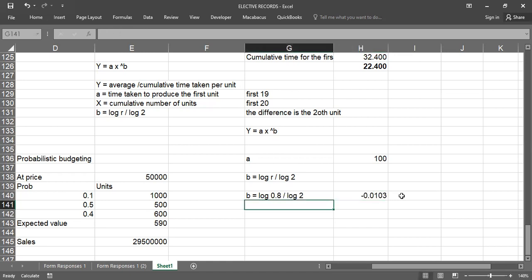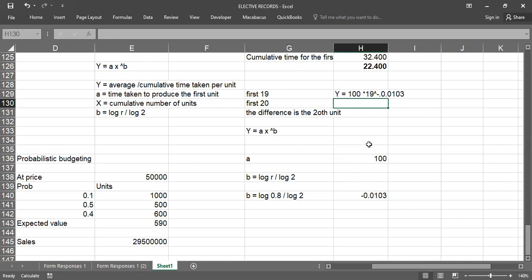They're saying that now the question wanted the 20th value. Let me just go straight to what they want. For the 20th value, you first get the time taken for the 19th value. My y, if they want the average time, will be equal to a, which is 100, times 19, which is the x, raised to the power negative 0.013.